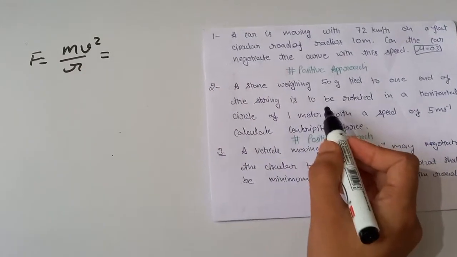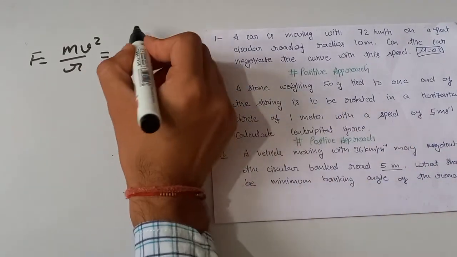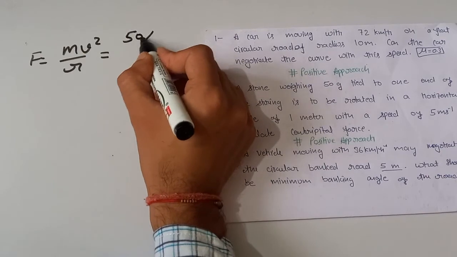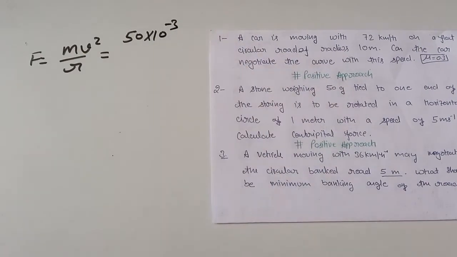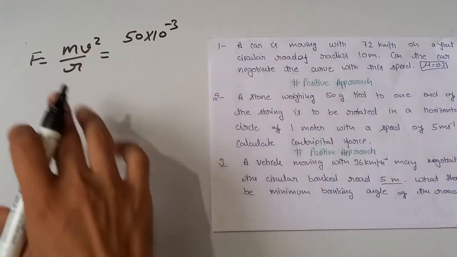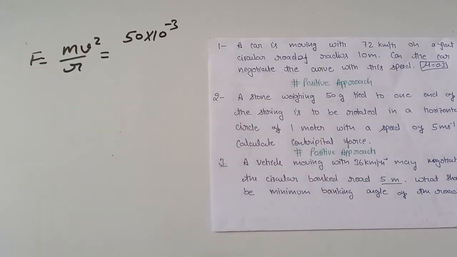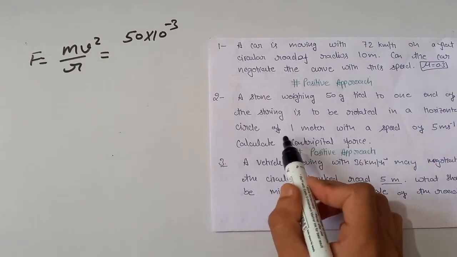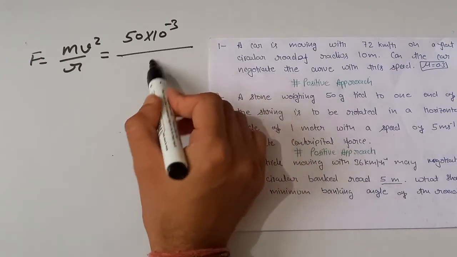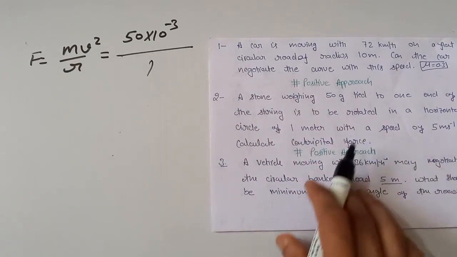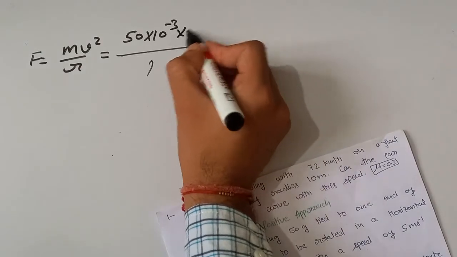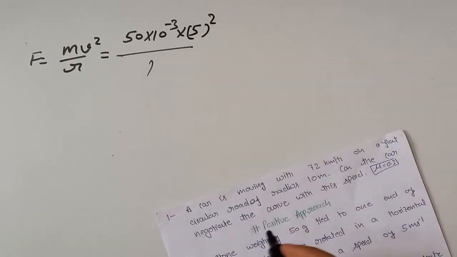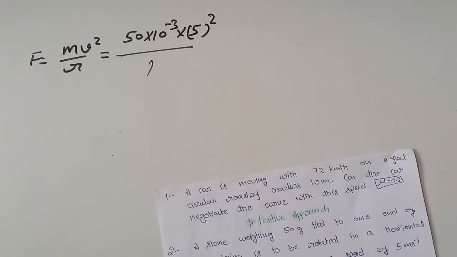The mass of the body is 50 gram, that is 50 into 10 raised to power minus 3 kg, because we have to convert everything to SI units. The radius is 1 meter and the speed is 5 meter per second.